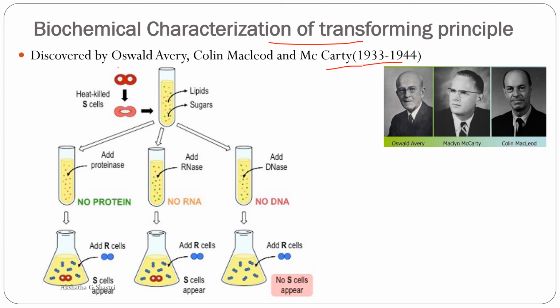Here, they purified the biomolecules, that is, the proteins, DNA and RNA, from the heat-killed S strains. That means they removed the lipids, they removed the sugars. Why they did this is just to see which one could transform the live R into the S strain.